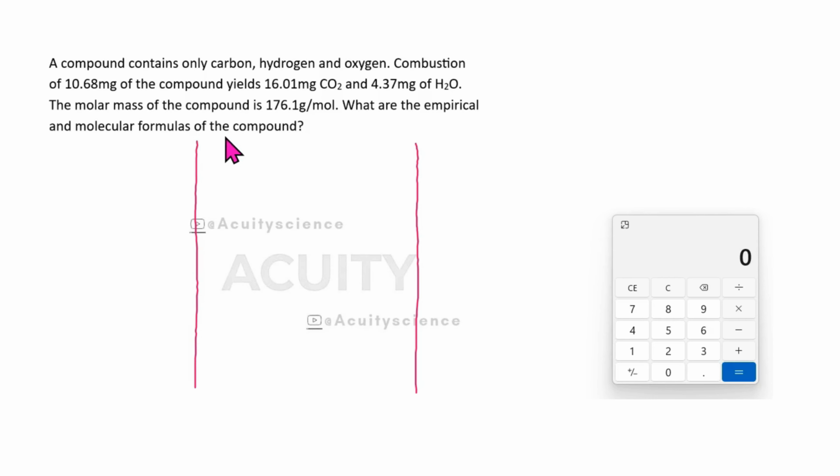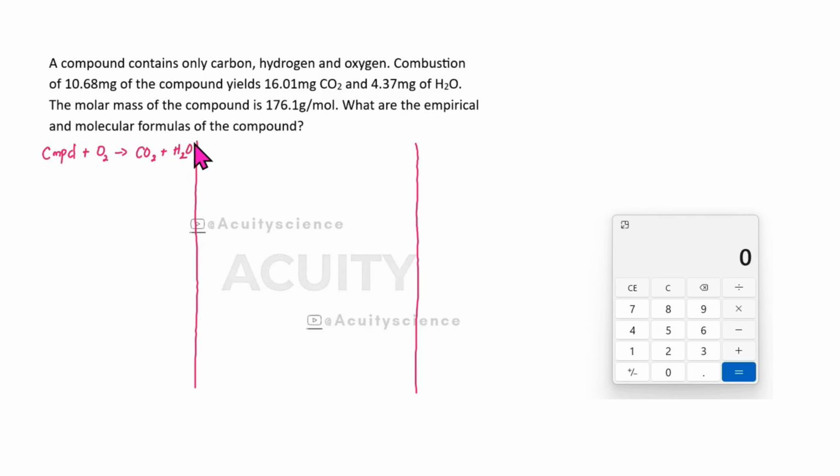Okay, what we know here is that there is a compound. Let's see, CMPD stands for compound, and on combustion, that is reaction with oxygen, we got carbon dioxide, CO2, plus water.